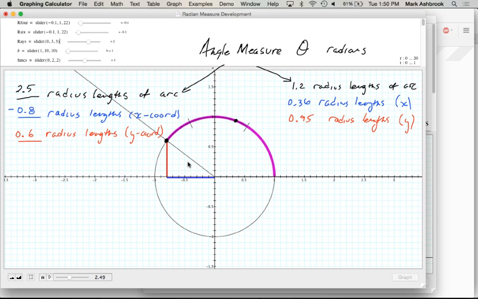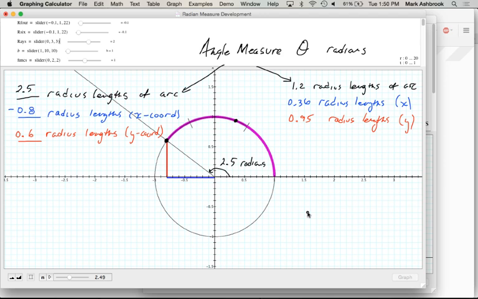This angle right here is 2.5 radians because it's the angle that corresponds to an arc length of 2.5 radius lengths. So whatever the arc length is, that's how many radians of rotation or angle measure you have.